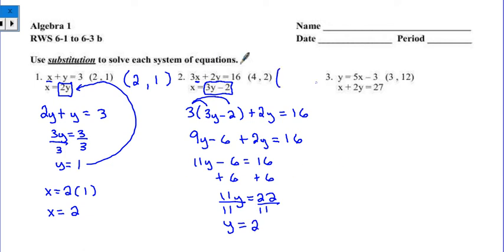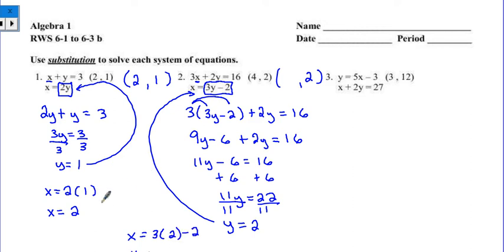Again, don't forget, you're doing your ordered pair. 2 is the y, so it goes in the second spot. You plug it back into the box, so it's going to be x equals 3 times 2 minus 2, which means x equals 6 minus 2, which means x equals 4.